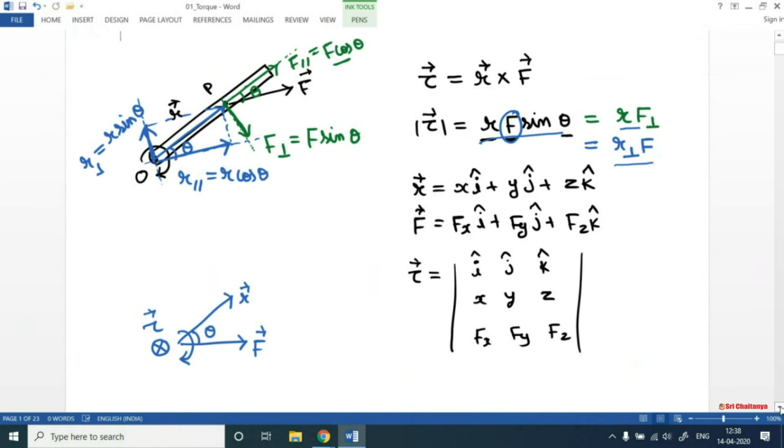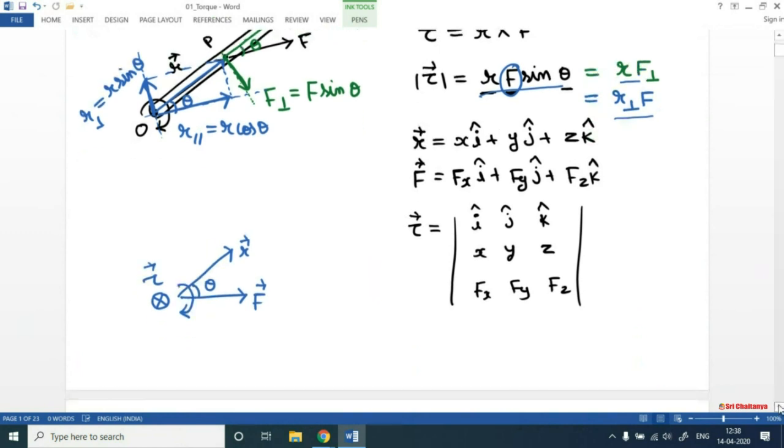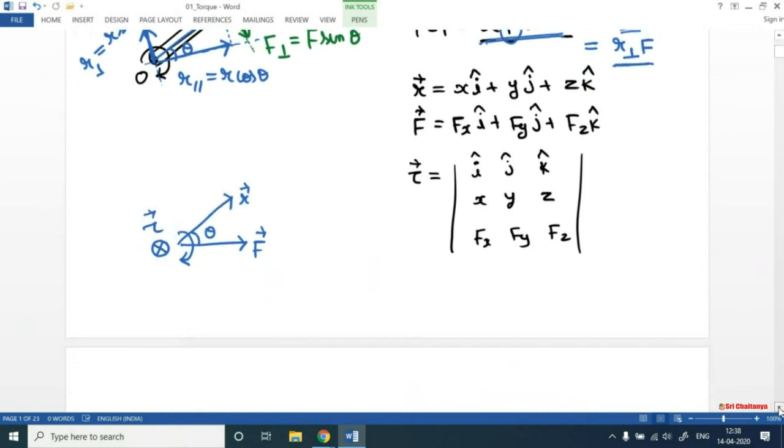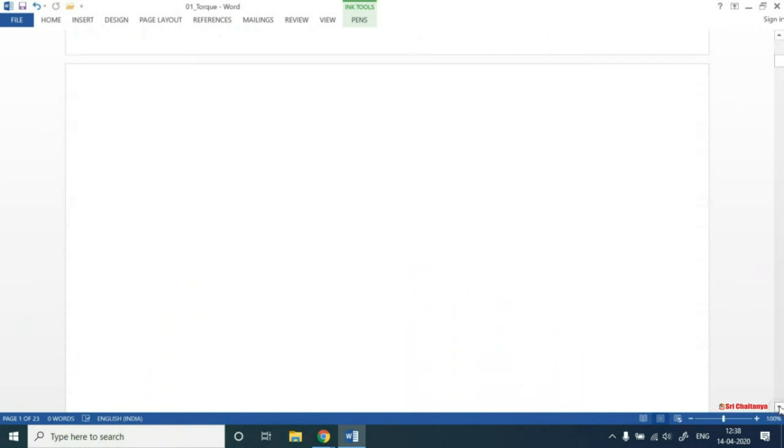Okay, so let's take one very simple question and try to learn under which condition, which of these formulas, rF sine theta, or rF perpendicular, or r perpendicular into F, would be easily applicable. Let's take one simple example.